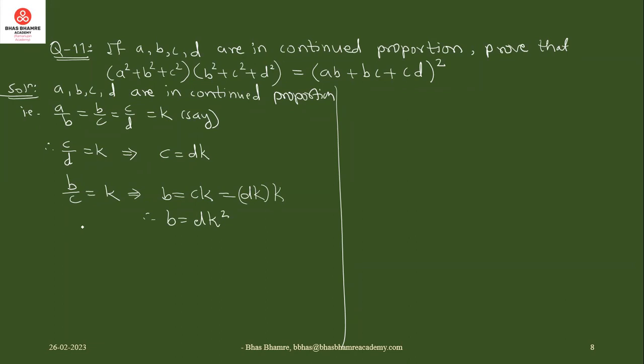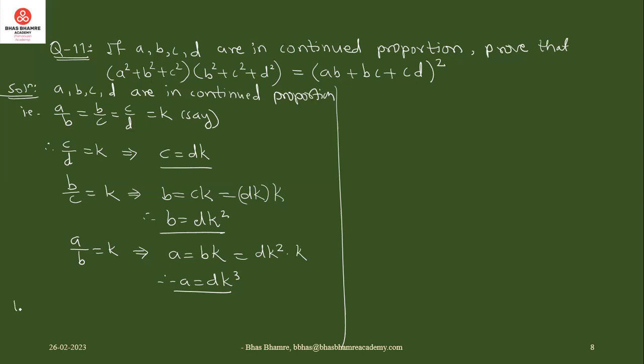Then A upon B is equal to K, which gives A is equal to BK, but B is DK square, so A is DK cube. We have the values of A, B, C in terms of D and K. That is important.